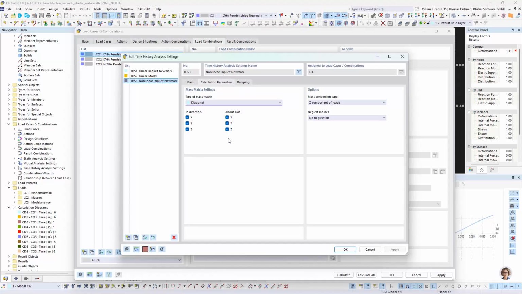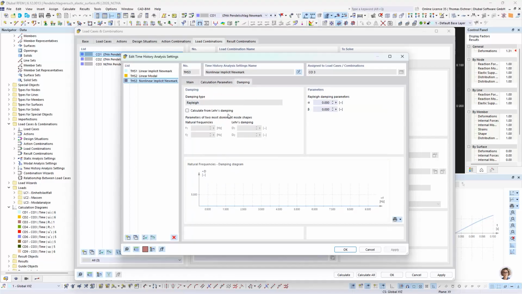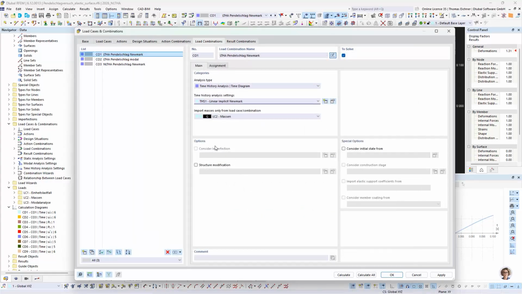For the calculation parameters, it's a diagonal matrix with all components. Damping, I think we don't have any damping in this case. I didn't go for damping here. We could also try to estimate some damping, but I didn't try for it yet. Okay, with that we are done already.